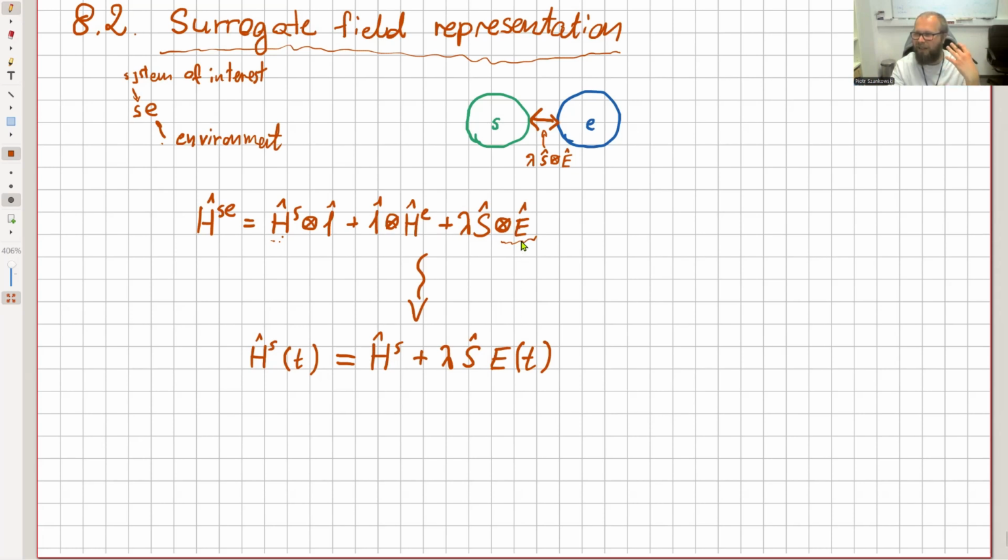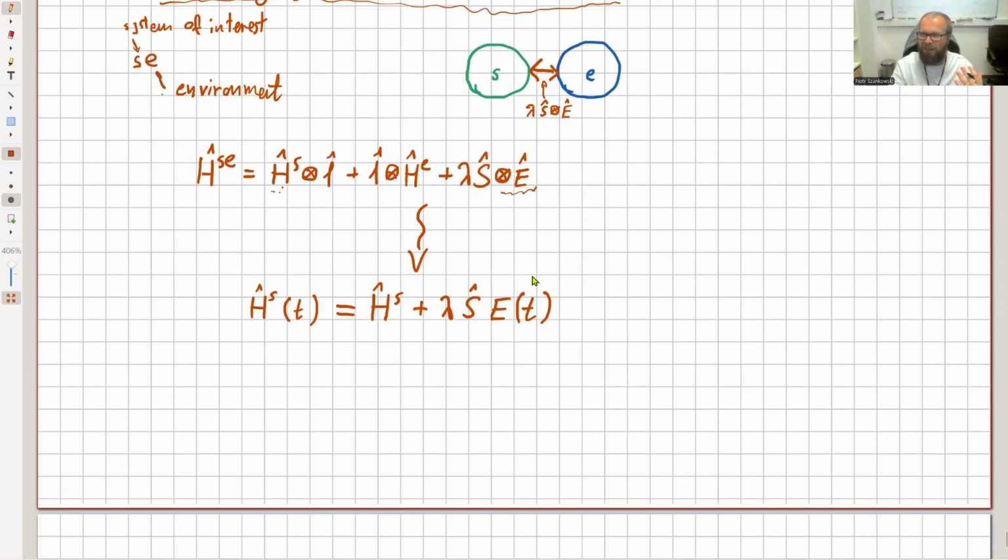So what is happening here is we are positing a replacement for coupling E, right? So this stochastic process E is a surrogate for the real environment E. So that's why we are calling this E a surrogate field.